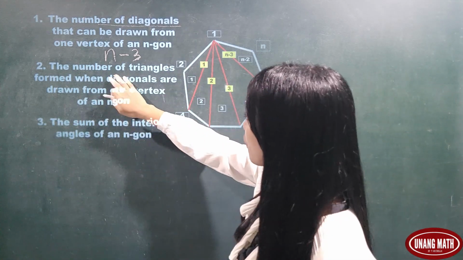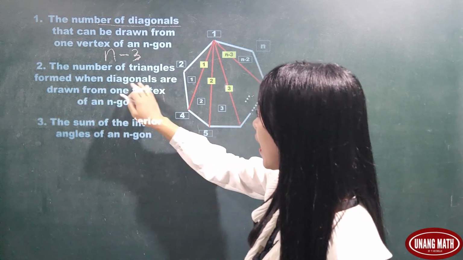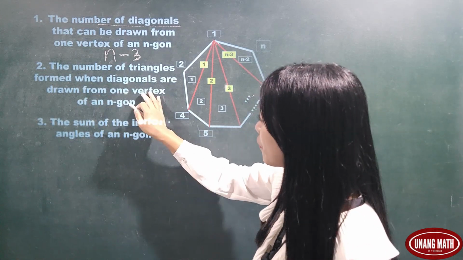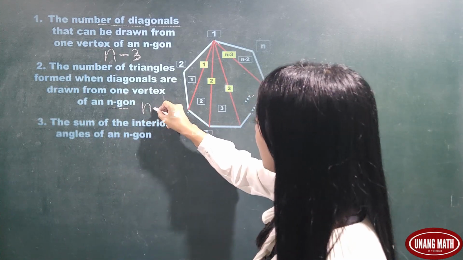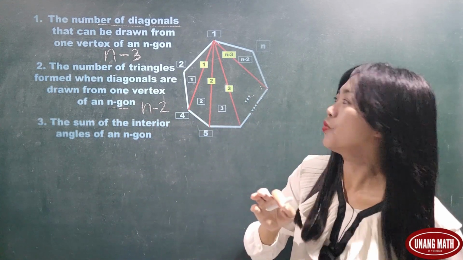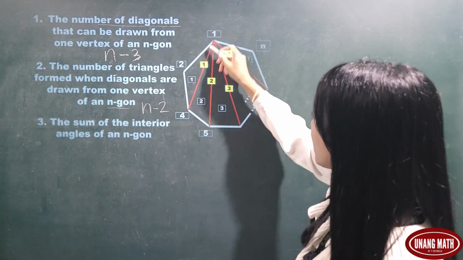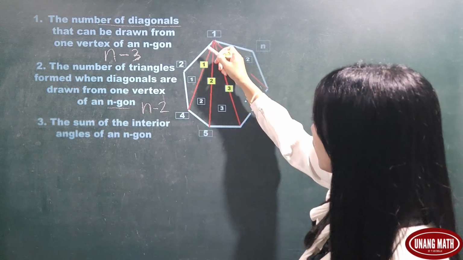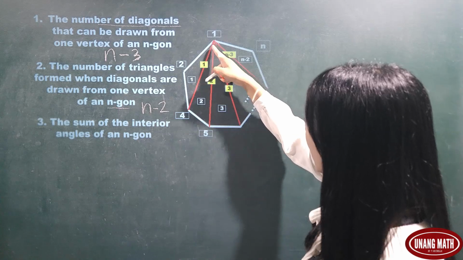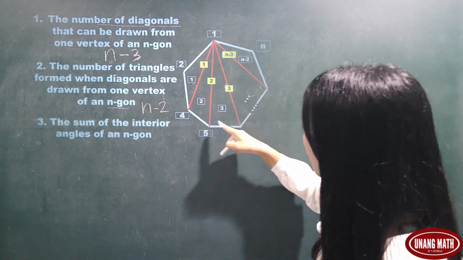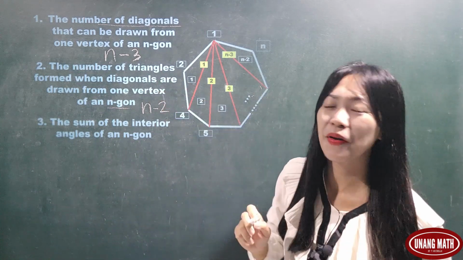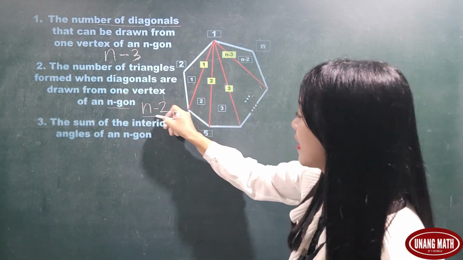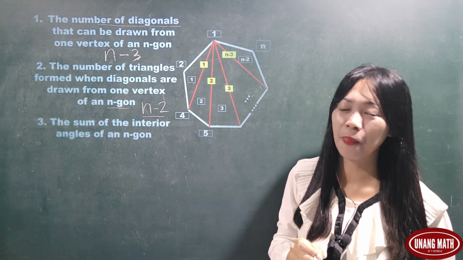Okay, for the number of triangles formed when diagonals are drawn from one vertex of an n-gon. So this is n minus 2. So by drawing these diagonals, in this figure we created 1, 2, 3. So n minus 2. So the number of triangles is n minus 2.